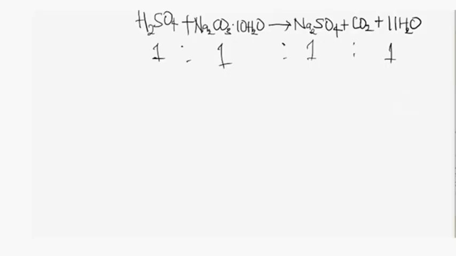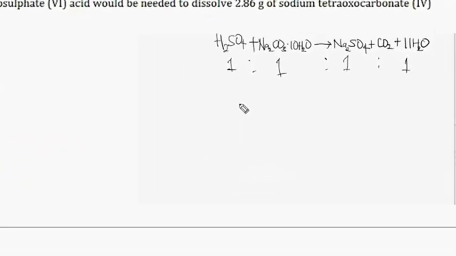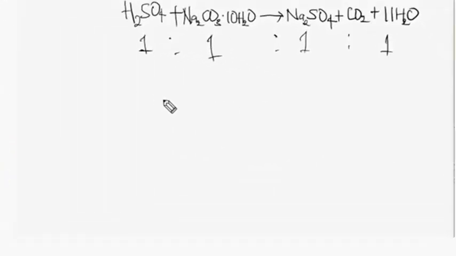In this reaction, 2.86 gram of sodium trioxocarbonate 4 decahydrate crystal was used, because the question says what volume of 0.1 mole per dm cube solution of tetroxosulfate 6 will be needed to dissolve 2.86 gram of sodium trioxocarbonate 4 decahydrate crystal. So the mass of the crystal used here is 2.86 gram.